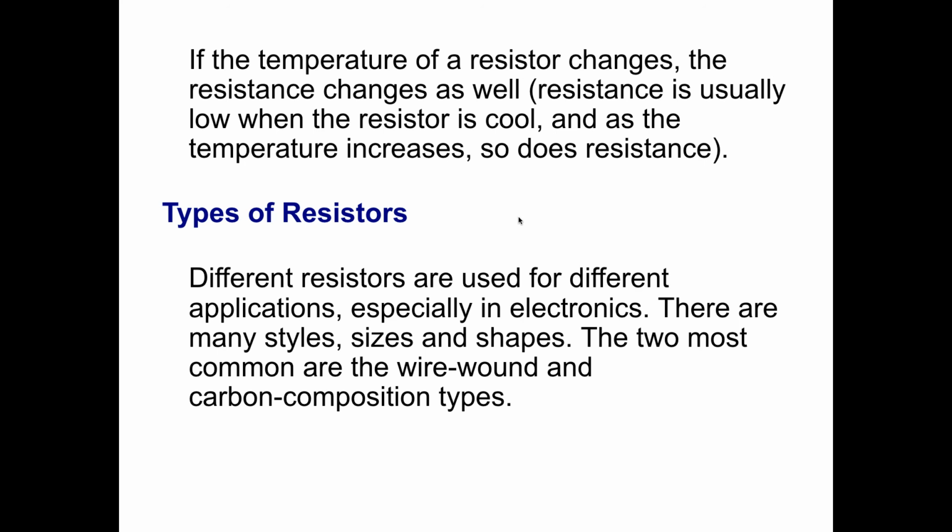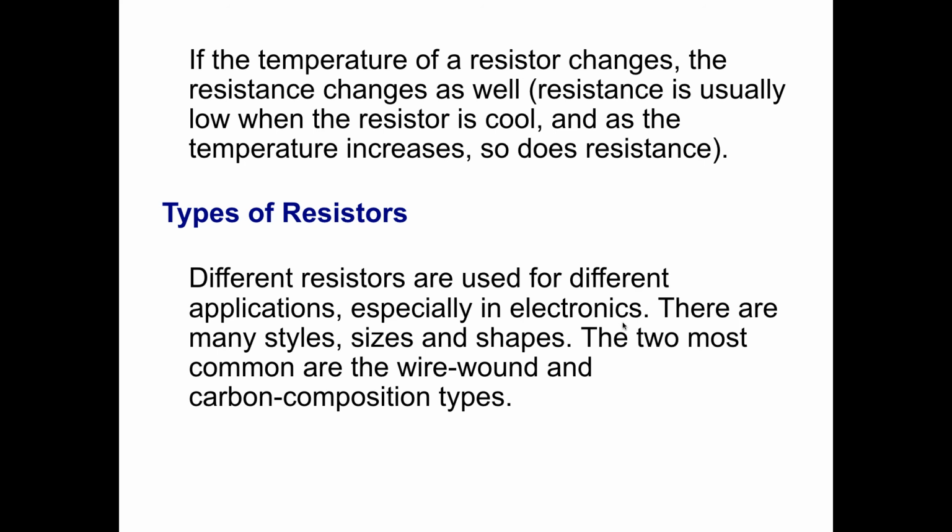We have different types of resistors for different applications, especially electronics. Different styles, sizes, and shapes. In that past slide where I pointed to the lines, that basically gives you an indication of the different types of resistors. And if you've ever taken apart any electronics, you may have noticed these already, right?